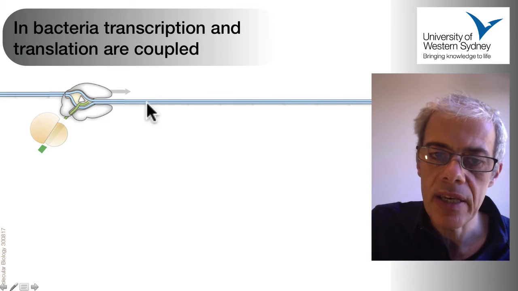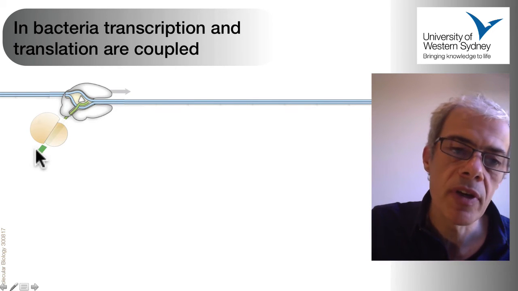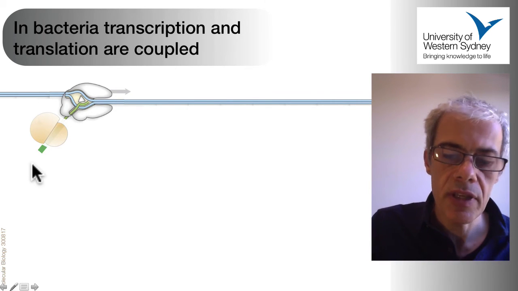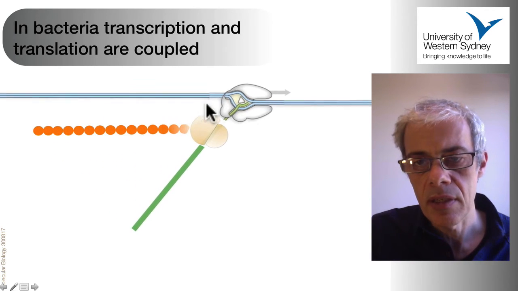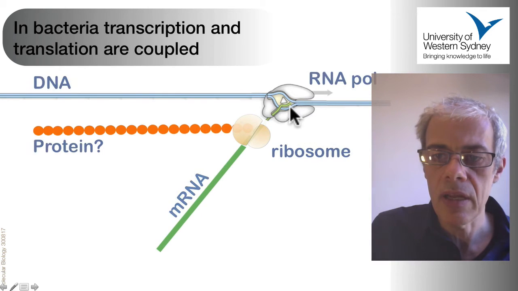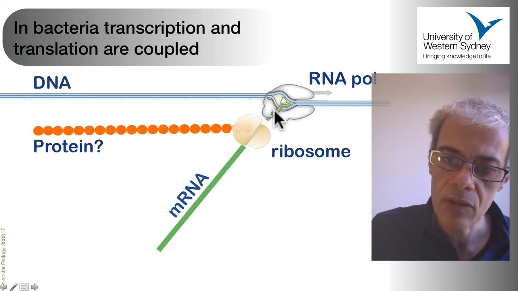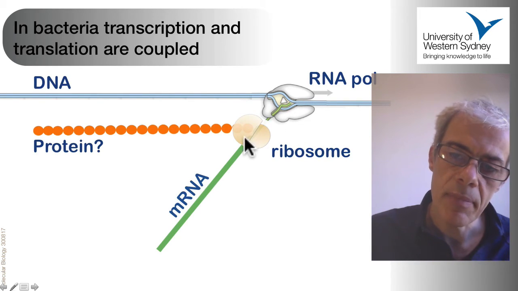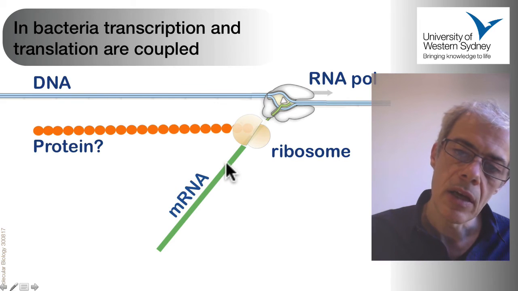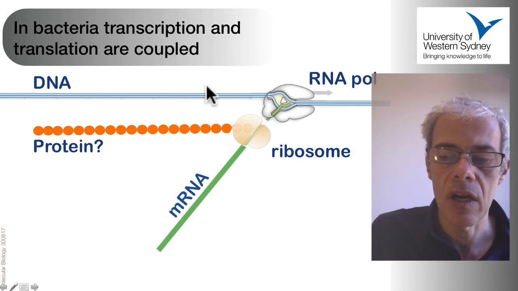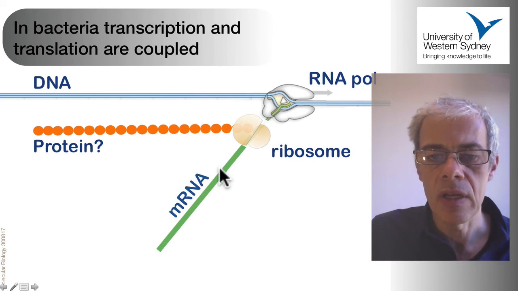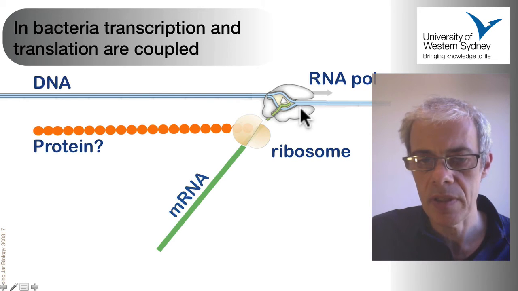But as it's being transcribed, translation begins. So in this scheme, we have the polymerase transcribing the DNA into a messenger RNA, and as the messenger RNA is being made, it's being translated into a protein. And this is called a coupling of translation to transcription.